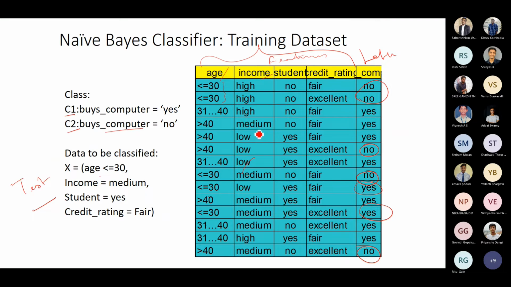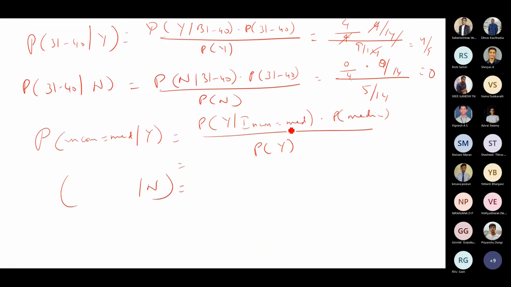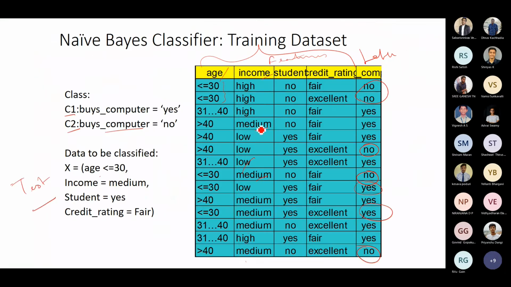So here, probability of yes given income is equal to medium: medium has got 1 2 3 4 5 6. So this second component is 6 by 14, divided by this, we already know it is 9 by 14. This should be multiplied. Out of these 6 scenarios, how many yes are there? 1 2 3 4.